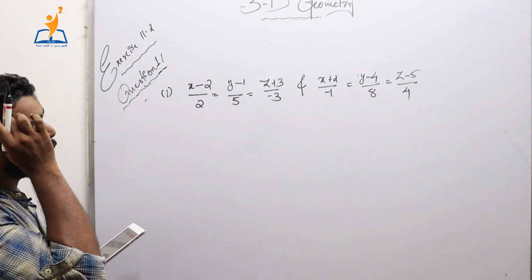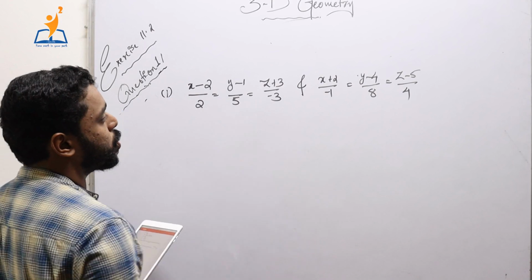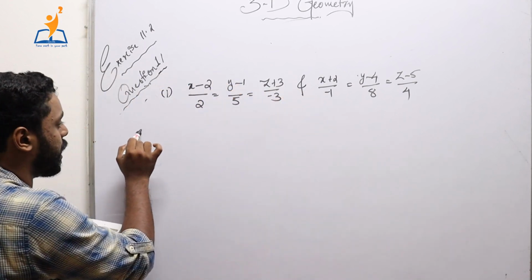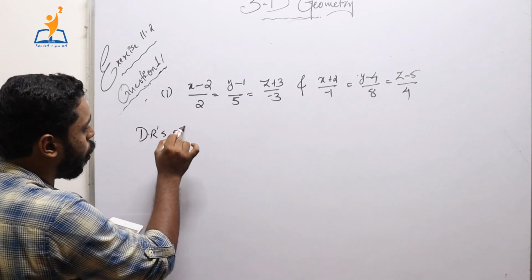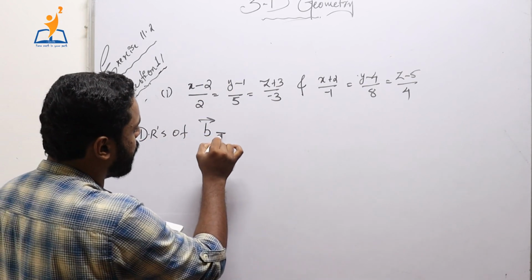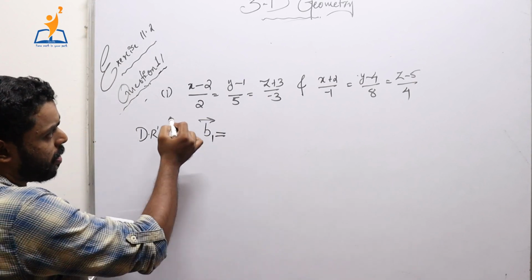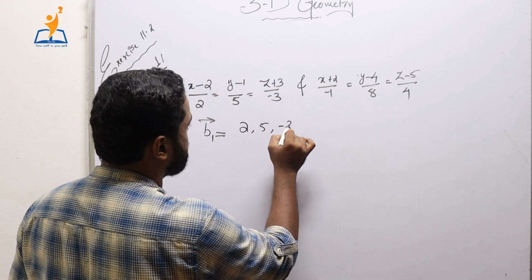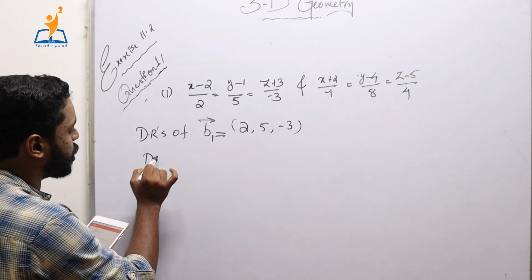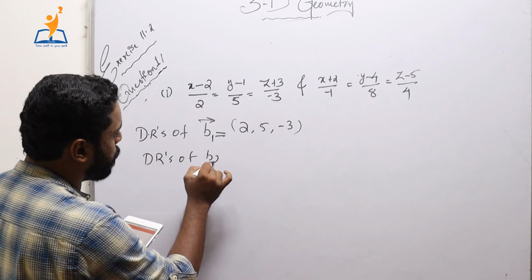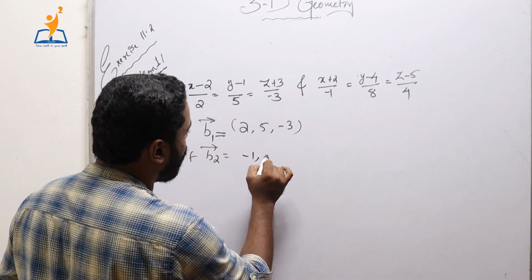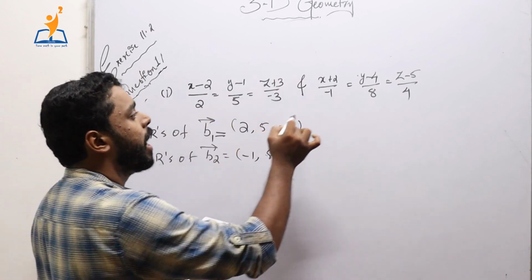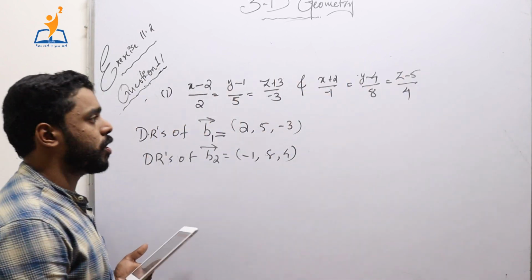So from here we know the direction ratios of the vectors which are parallel to the first and second lines. Let b1 be the first vector which is parallel to the first line, given by 2, 5, minus 3, and the direction ratios of vector b2 are given by minus 1, 8, 4, where b1 is the vector parallel to this line and b2 is the vector parallel to this line.